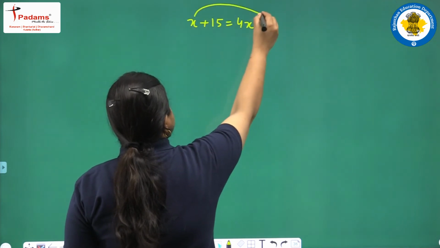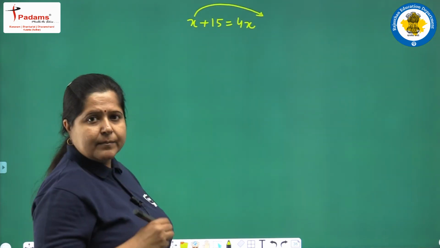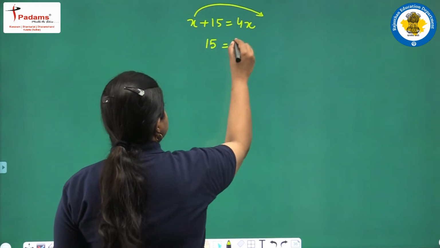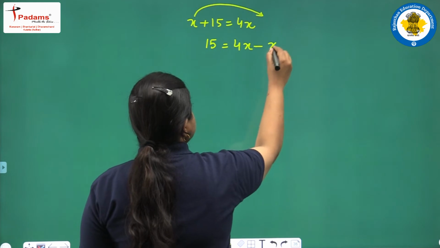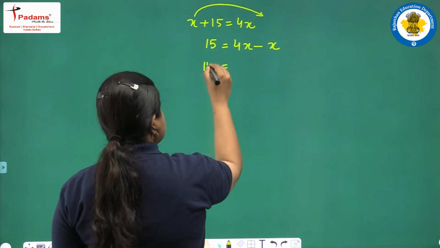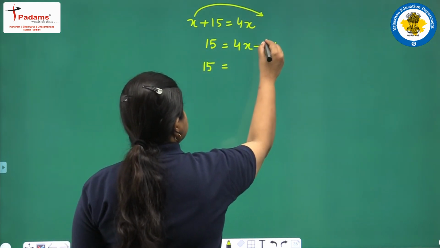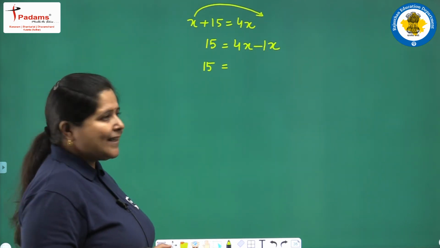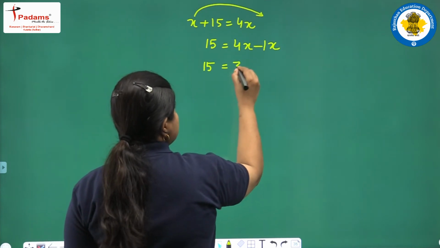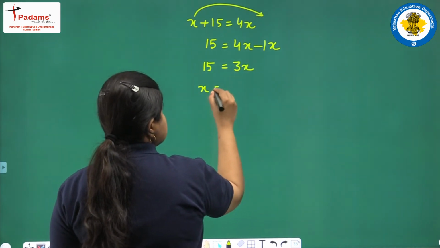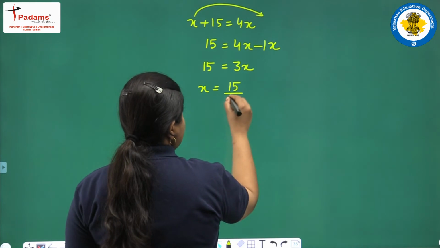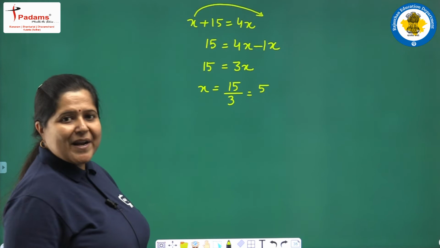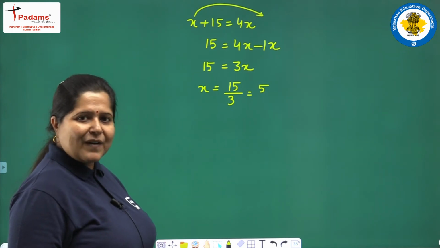Now we will send this x to the variable term 4x in the RHS. 15 will remain here and here 4x minus x. 15 equal to, subtract the two, there no number is here, we can assume it is 1 here. 4x minus 1x is 3x. This gives us x equal to 15 upon 3 equal to 5. So, the present age of Ravi is 5 years.